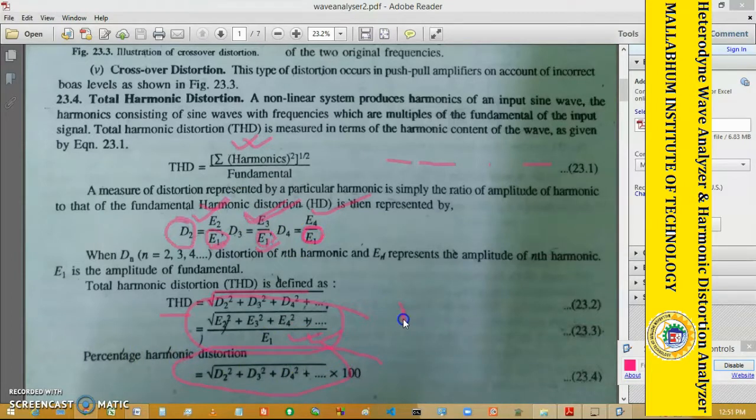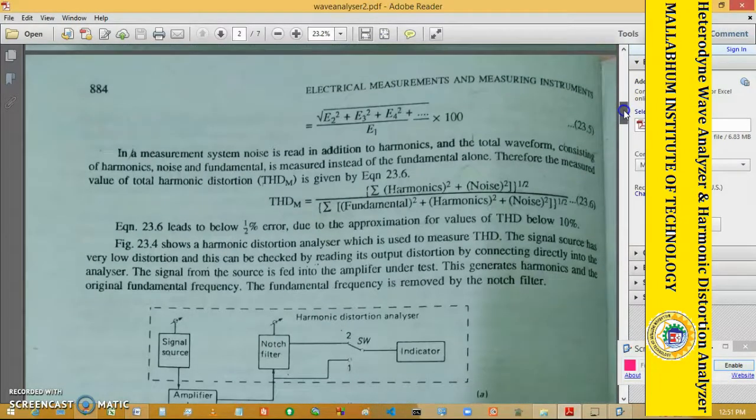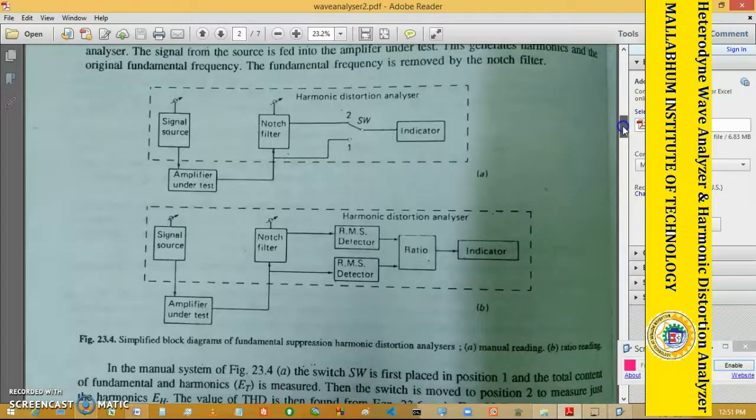In the case of the different Ds, each is divided by E1. Okay, E1 is fixed, that is the fundamental power. So this is the overall total distortion.